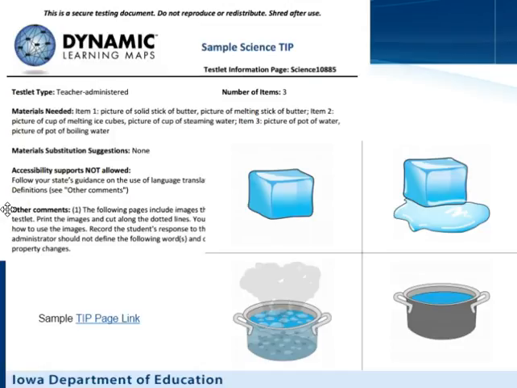For example, you may, on a tip page, have some images that need to be printed, and you may need to have those available for when you're giving the testlet. You can see here are some pictures that involve boiling and melting points. If you receive this, the expectation would be that you have to print and sometimes cut out these pictures to use with your students.